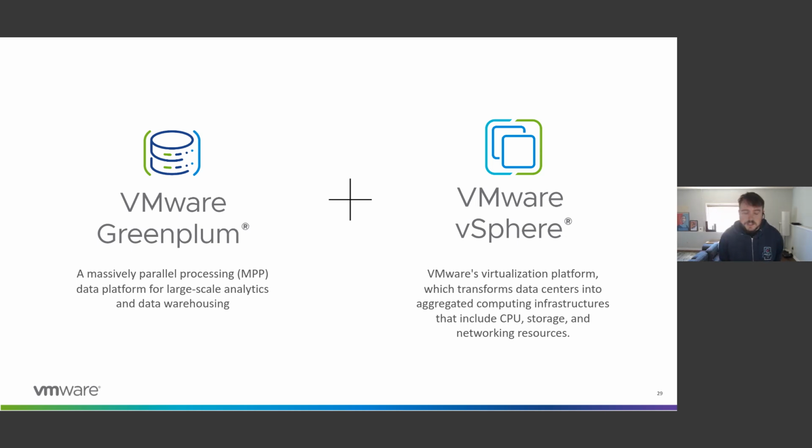Both are VMware products, but Greenplum, being a data warehousing platform for analytics at a very large scale, needs a good environment to run in that can help you be successful on premise, as much as you would be successful in a public cloud. The vSphere side of VMware offers just such a platform.